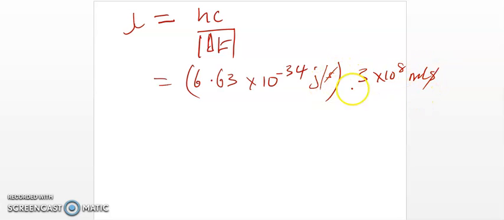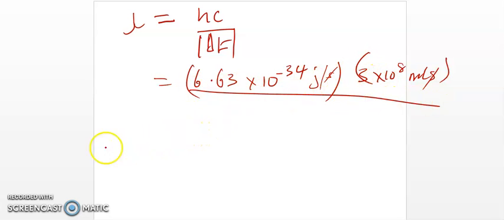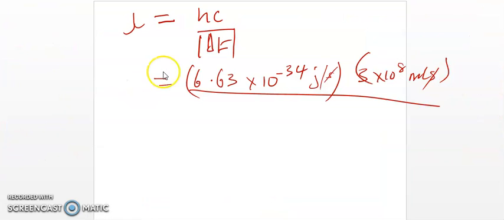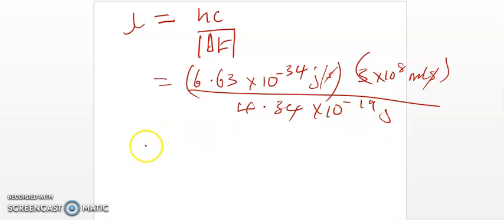We divide by the magnitude of the change in energy as calculated, 4.58 times 10 negative 19 joules.